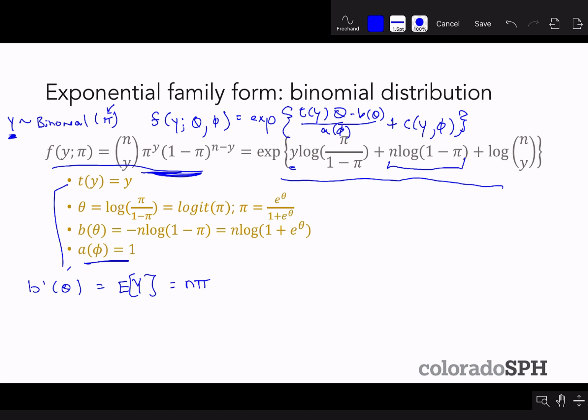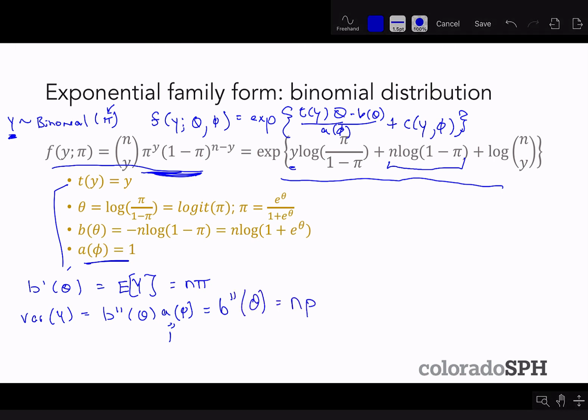And for the variance of y, which is equal to b double prime of theta times a of phi, which is equal to 1 in this case, the whole thing is equal to b double prime of theta, and that gives n times p times 1 minus p. Cool.